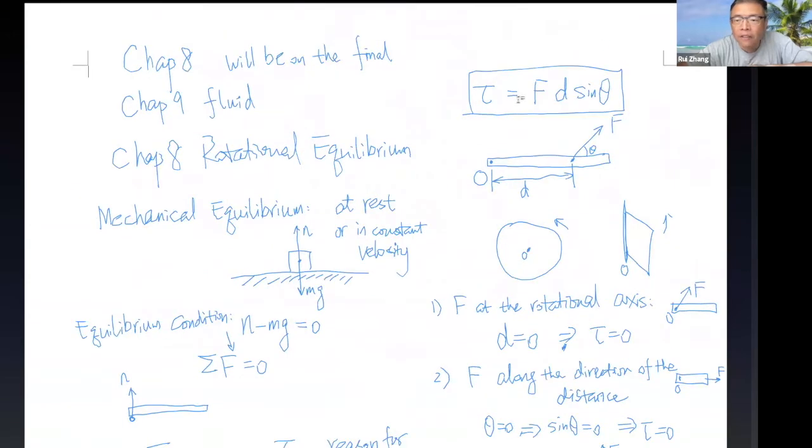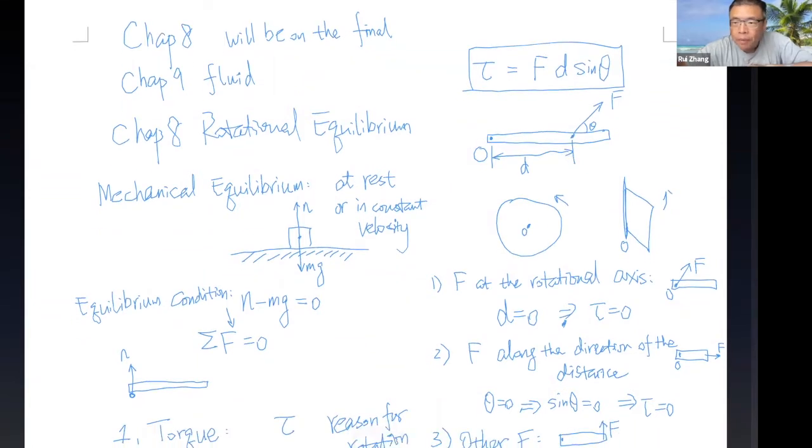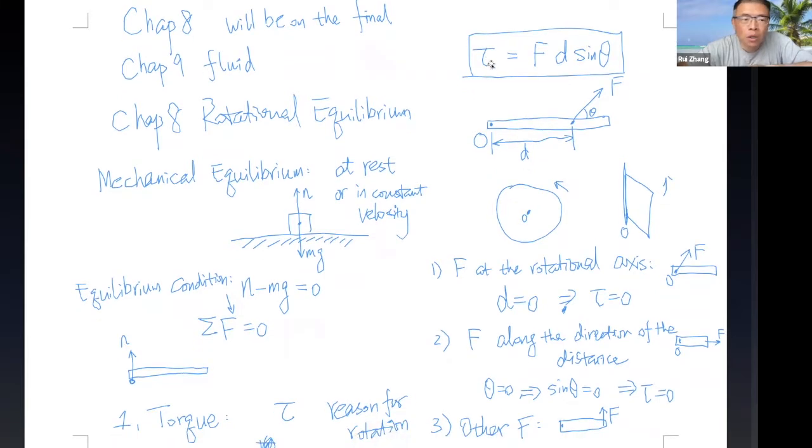It's defined as force times distance times sine of the angle theta, where theta is the angle between the direction of force and the direction of this distance connecting the rotational axis and the acting point of the force. Basically, in order to produce a rotation for something that's not rotating, you need a non-zero torque.